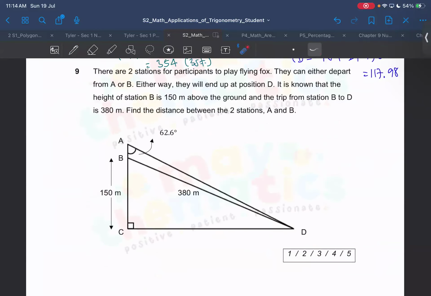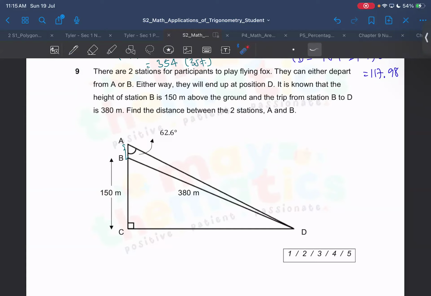It can depart from either A or B, so that means they're going down like that. Either way they will end up at D. Then it is known that the height is 150. Then from B to D, it is 380. Find the distance between the two stations. That also means I need to find this ultimately.